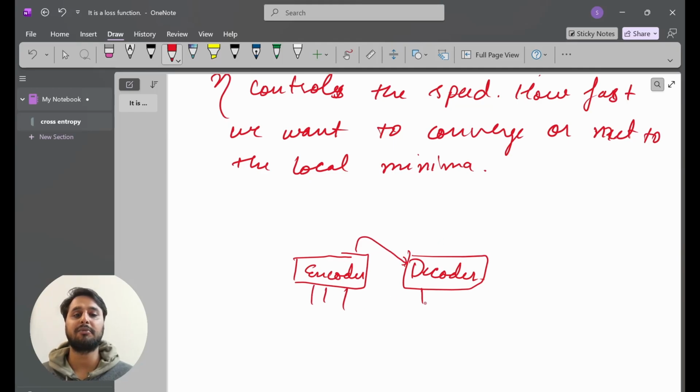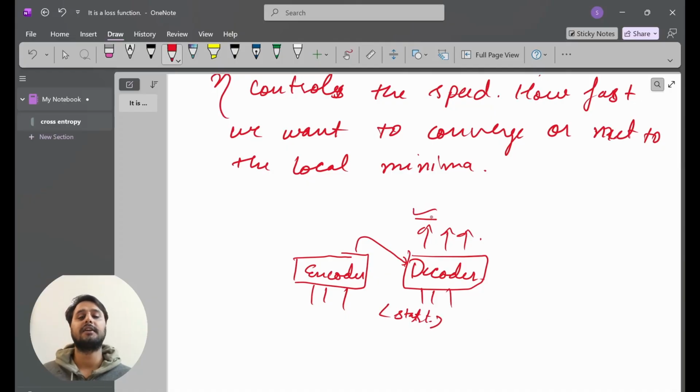We pass input here, we pass input here, and we get the next token as output. First we give the start special token, and it gives us the first next token. The important thing is that in the original research paper there are six encoder blocks and six decoder blocks.